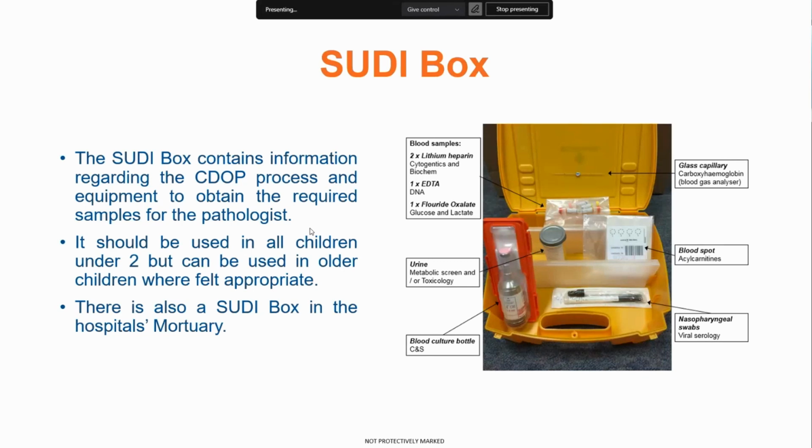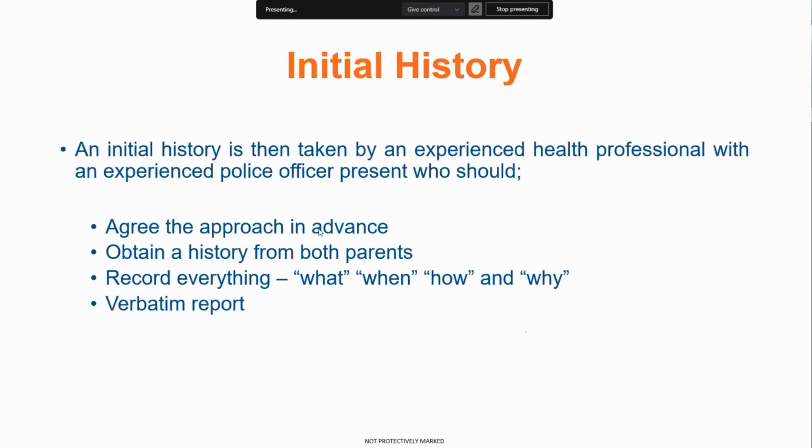But there's also one of these in the mortuary, so that you can do the samples and the examination in the mortuary if required. And there is also another box which is kept in the biochemistry department, so it can be transferred once this has been used, and there's always one available. Thanks, by the way, to Hull and Humberside, who gave us this idea and showed us how they use theirs.